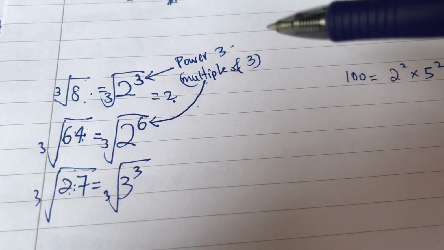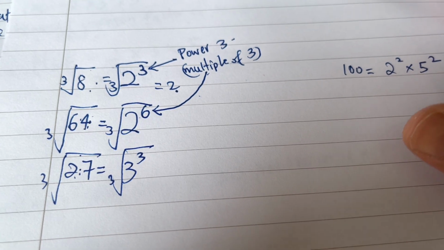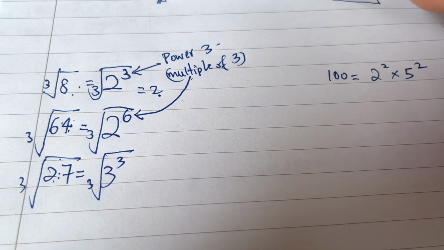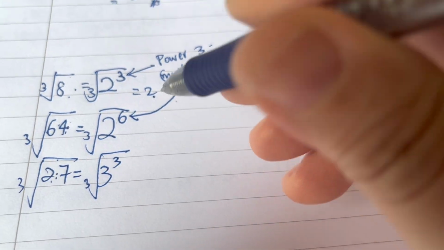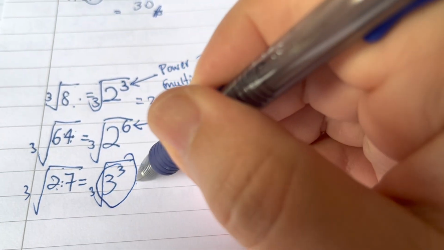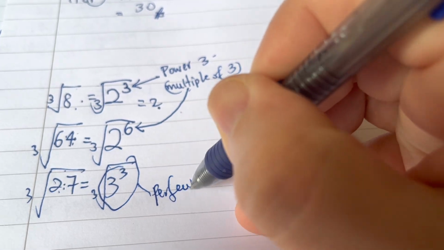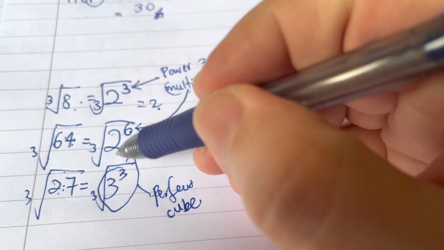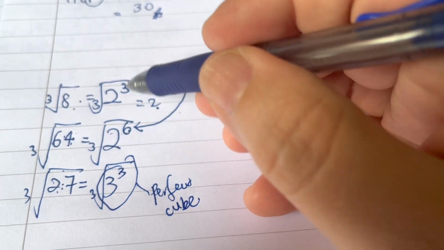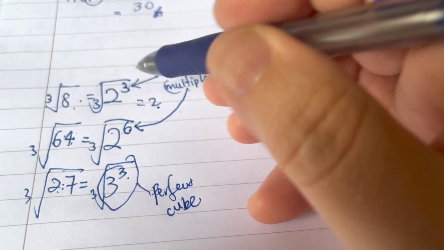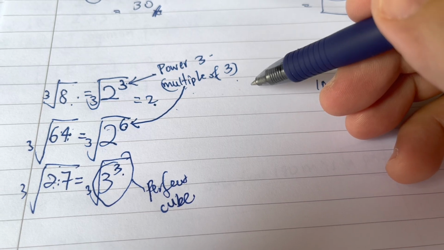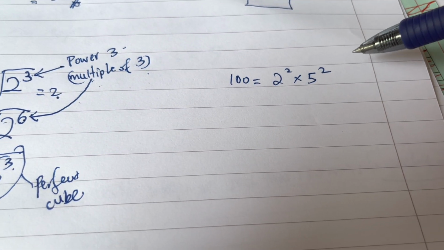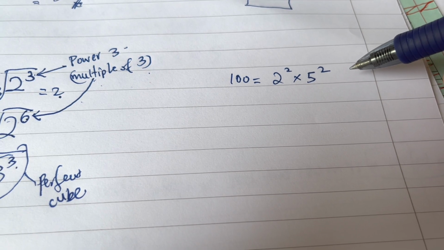Now what does this mean? This means that in order for a number to be a perfect cube, the powers, when you express it as a product of its prime factors, must be multiples of 3. Now let's try 100. 100 is not a perfect cube. Why?